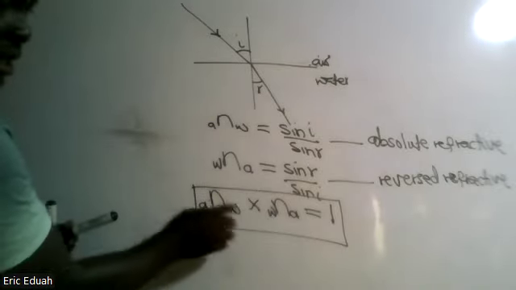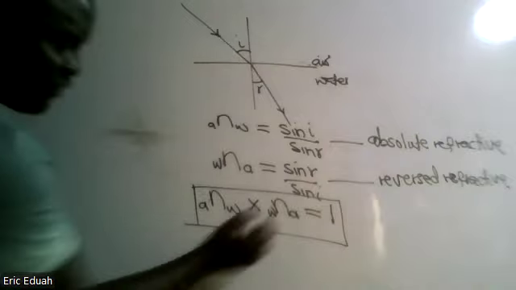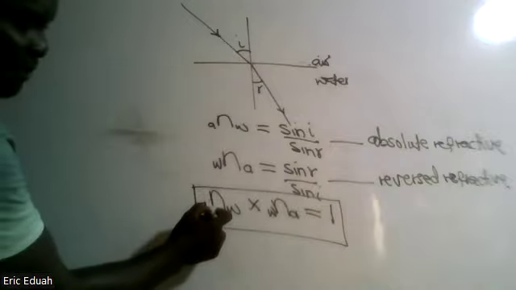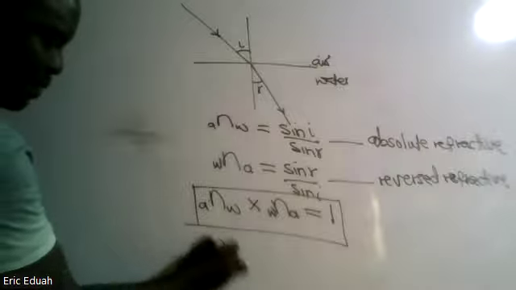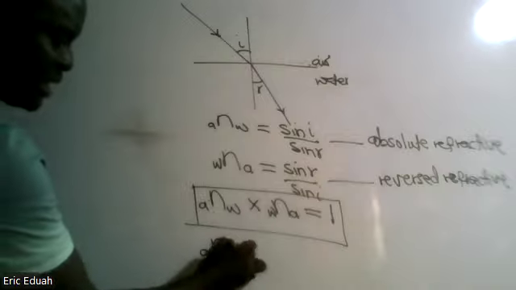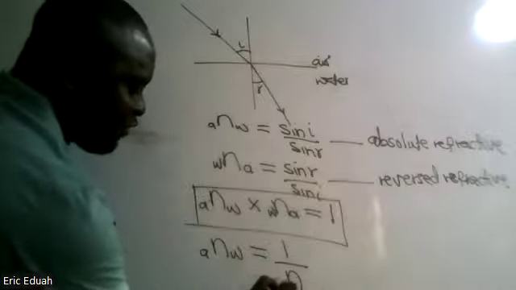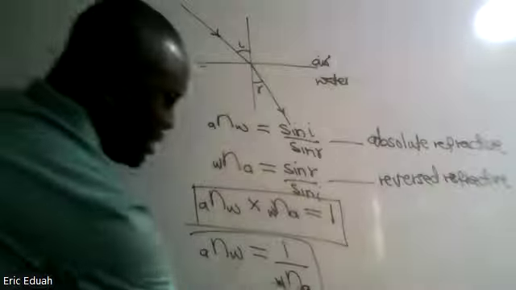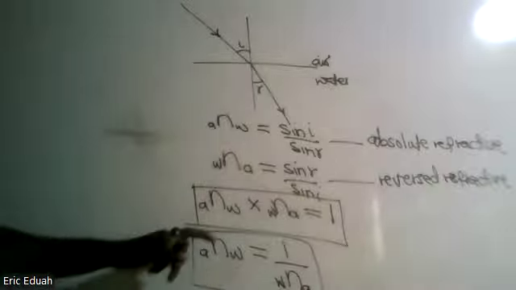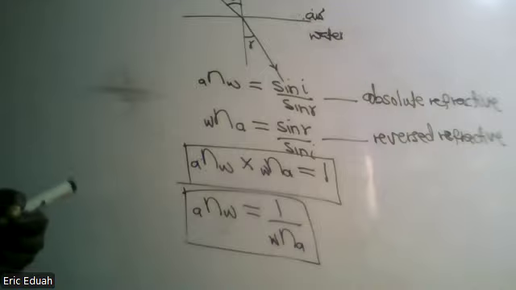Then the absolute refractive index would always be 1 over its reverse refractive index. Take note of this. The second relation is just coming out of the first one. The product of the refractive index of a material and its reverse refractive index is always equal to 1.